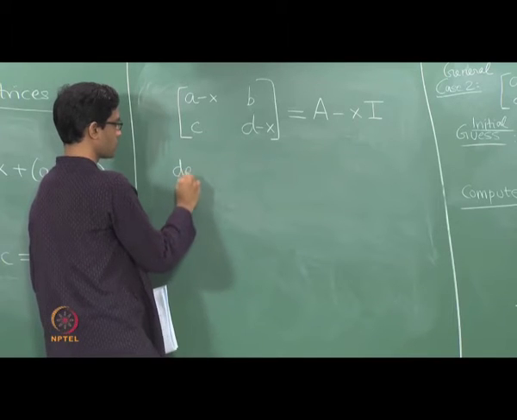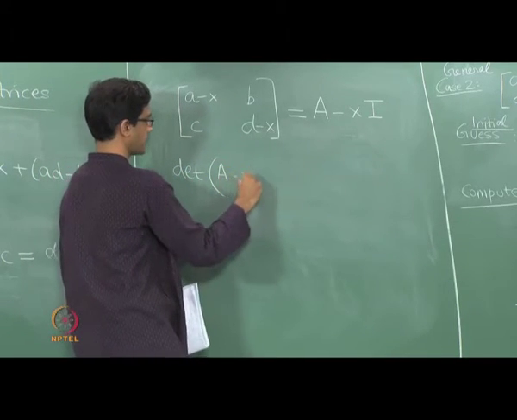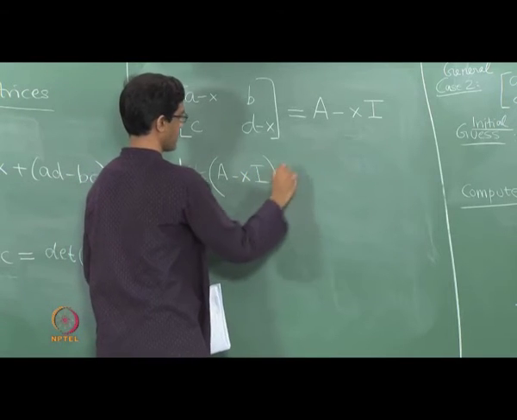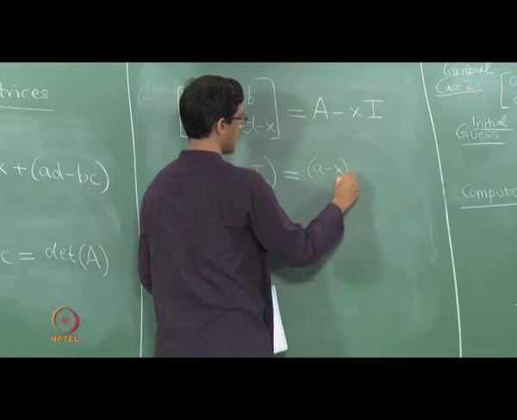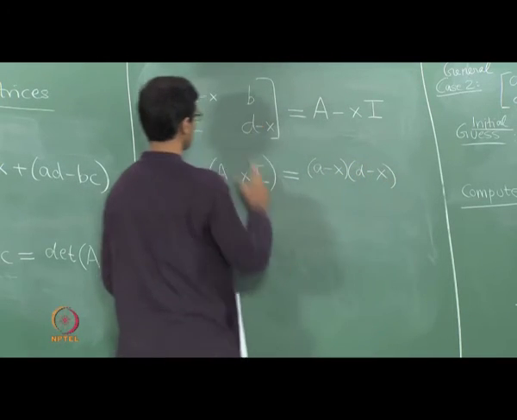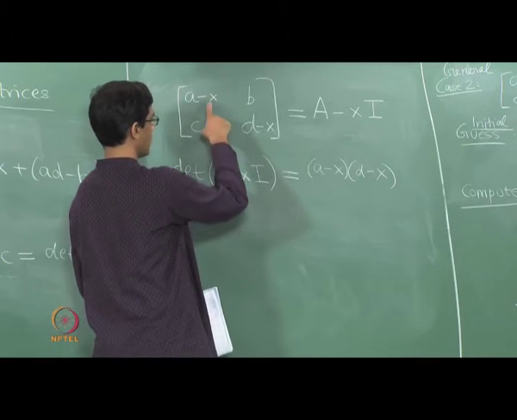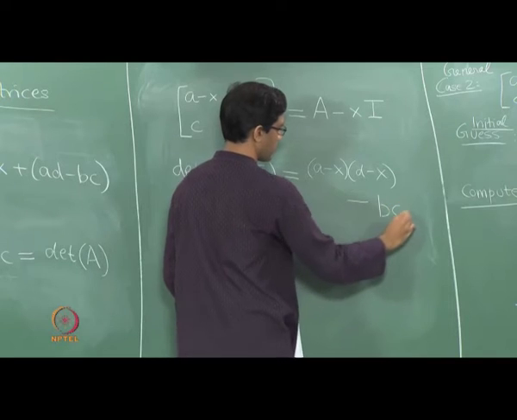And so now if you compute the determinant of this resulting matrix, the matrix A minus xI, what we get is, well, the diagonal entries now are A minus x and D minus x. So it is (A minus x) times (D minus x) minus BC. That is the definition of the determinant.